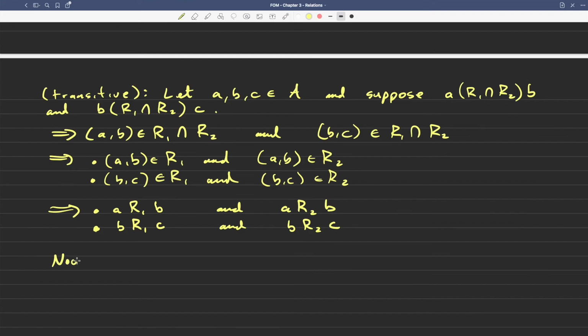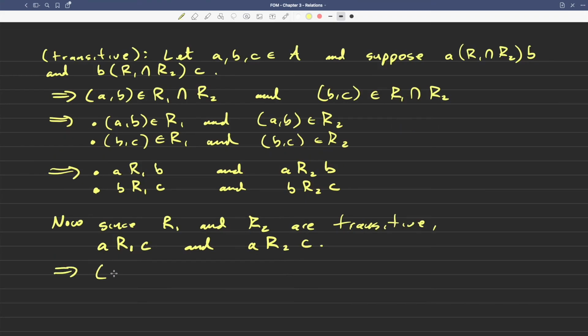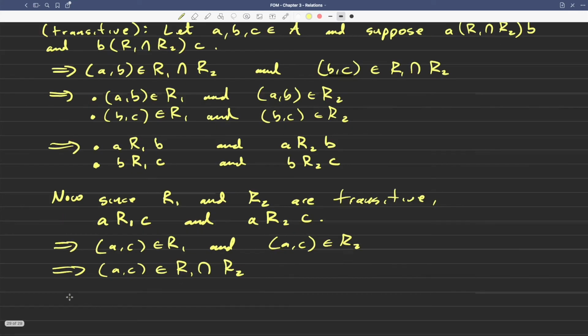Now, since R1 and R2 are transitive, A is related by R1 to C, and A is related by R2 to C. So that tells me that A comma C is in R1 and A comma C is in R2. That tells me that A comma C is in the intersection. And for the grand finale, that tells me that A is related to C in the intersection relation.